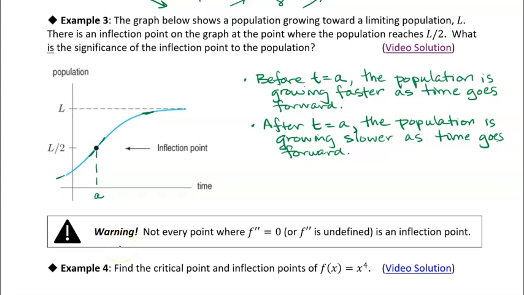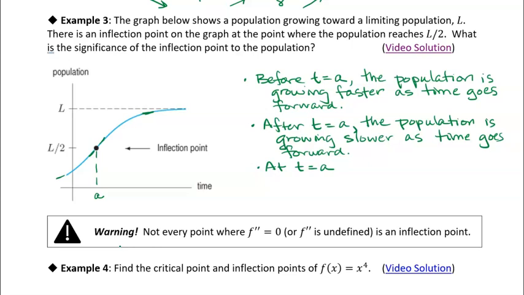Now, we were asked about what's the significance of the inflection point, right? That's the point at t equals a. Right? At t equals a, what's the significance of that inflection point? Now, if you notice, the slope of the population is essentially giving you the growth rate, and you can see that the population is growing faster and faster because it's concave up until you get to a, and then the slopes are becoming more shallow, so the slopes are decreasing.